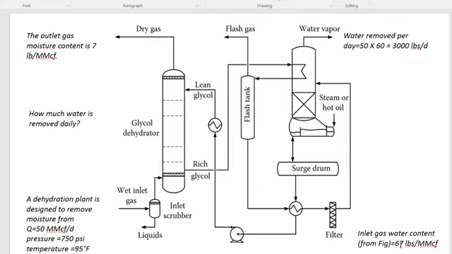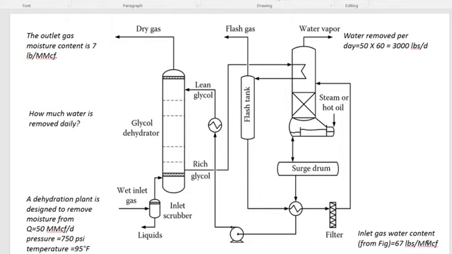Now we take this 67 pounds per million cubic feet minus 7 pounds per million cubic feet, which is 60. Now water removed per day equals 50 million cubic feet per day multiplied by 60 pounds per million cubic feet.